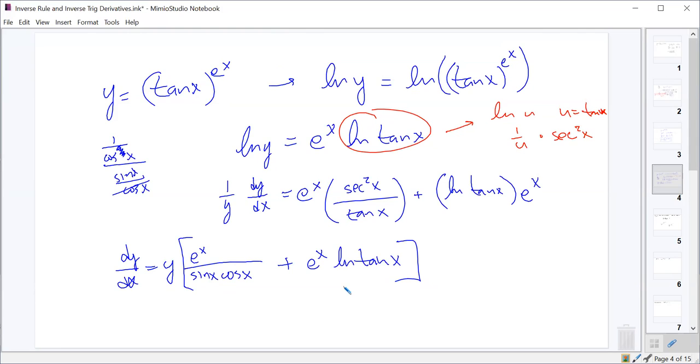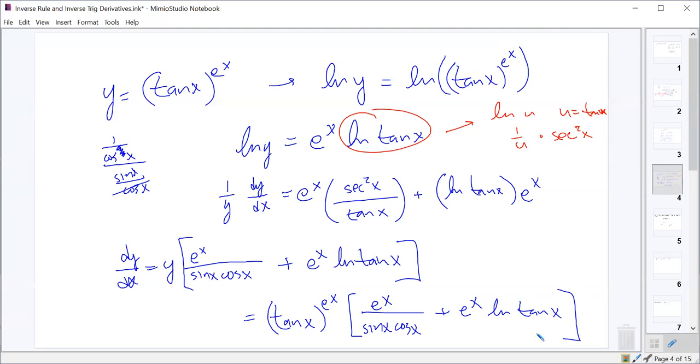And all we have to do now is turn that back into its original function. So y was tangent x to the e to the x, so dy dx is tangent x to the power of e to the x times e to the x over sine x cosine x plus e to the x natural log tangent x. Good or no?